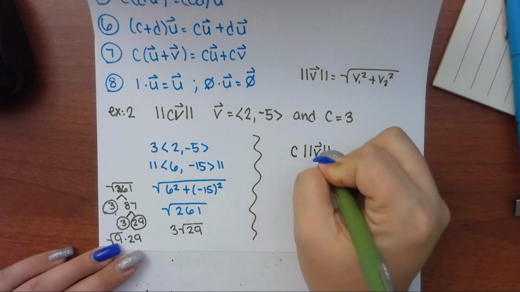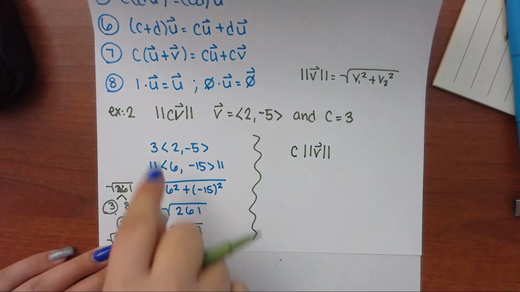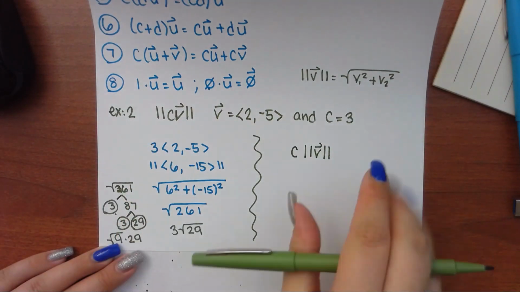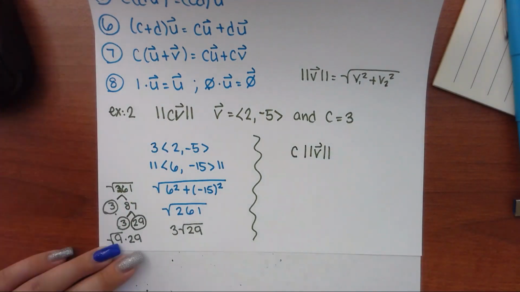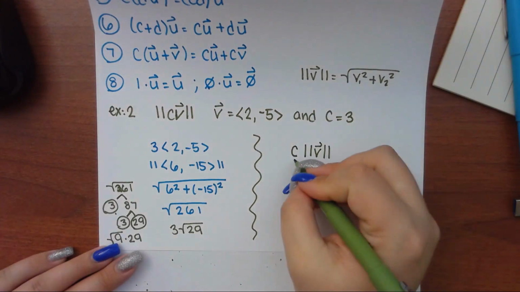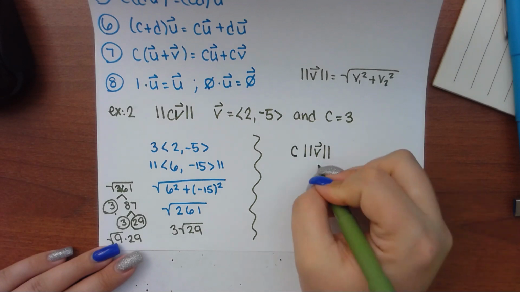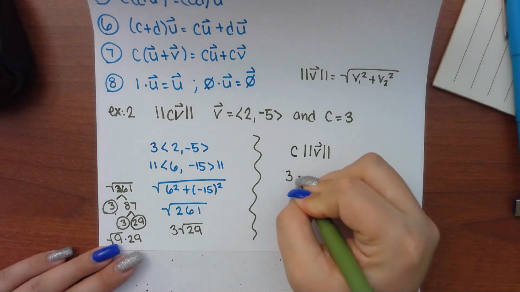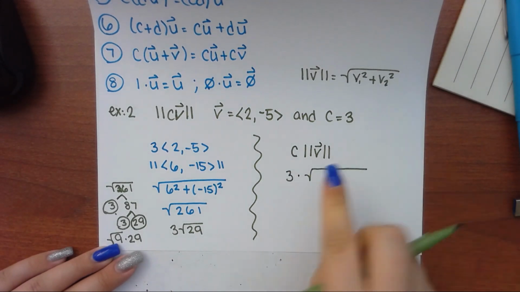So instead of multiplying it by the vector first, then taking the magnitude, we can actually take the magnitude of the vector and multiply it by that scalar. So watch how this works. We would find the magnitude first. So this would be 3 times the magnitude of v.